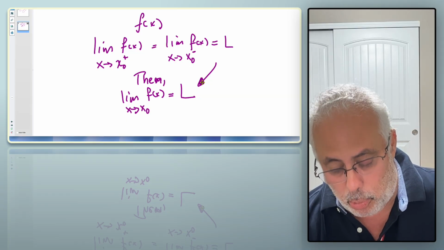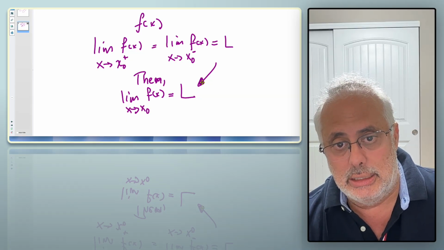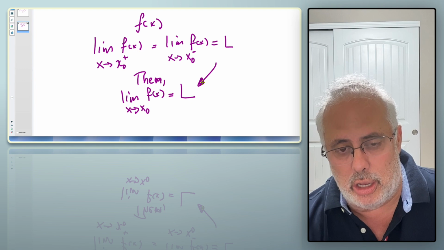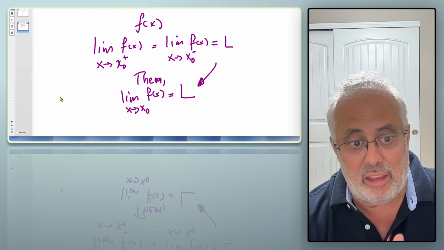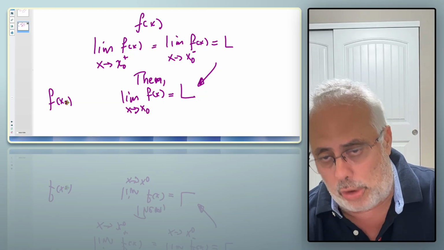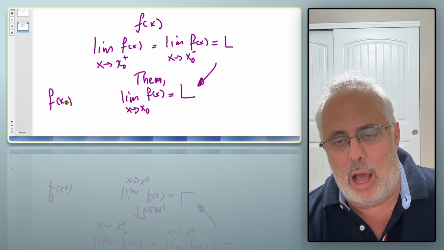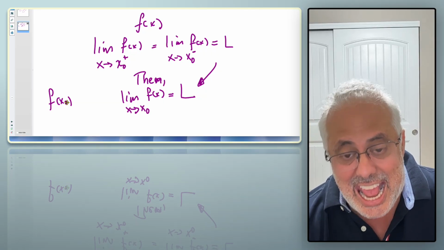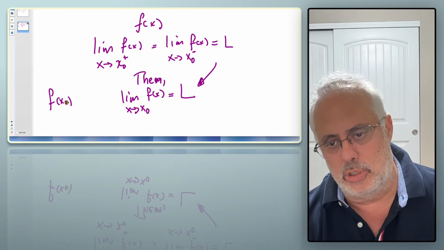The other thing that is important is that we are not worried about what's going on at f of x sub 0. We are worried about the neighborhood of x sub 0.